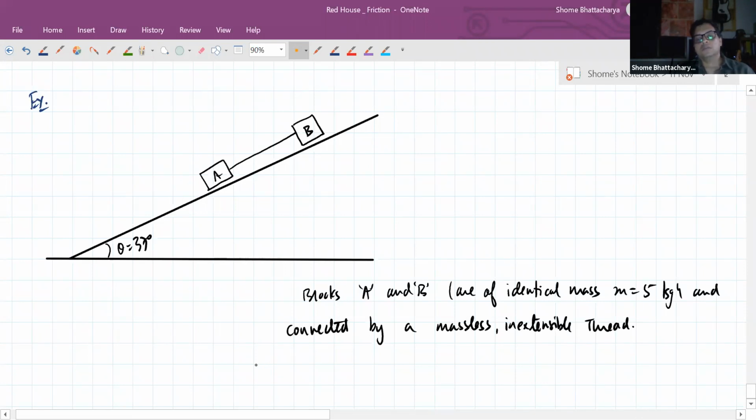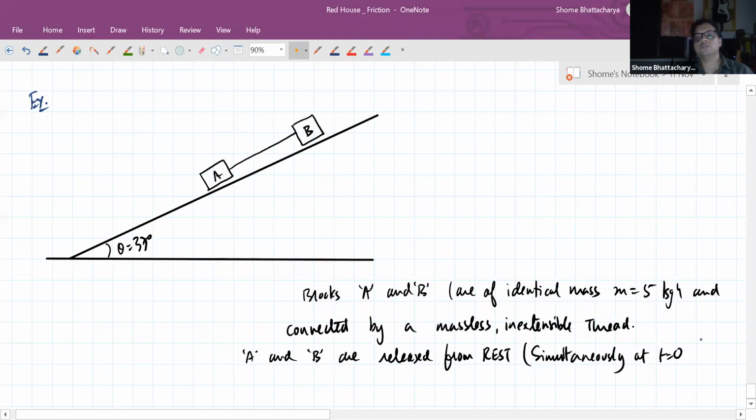Okay. Now A and B are released from rest simultaneously. So you're like holding the two blocks and releasing them simultaneously at t equal to 0 with the thread taut.